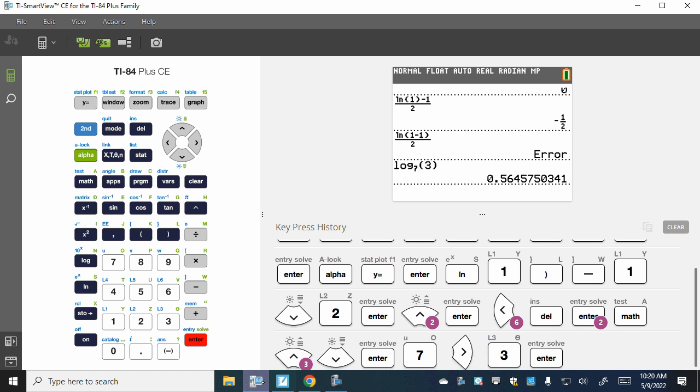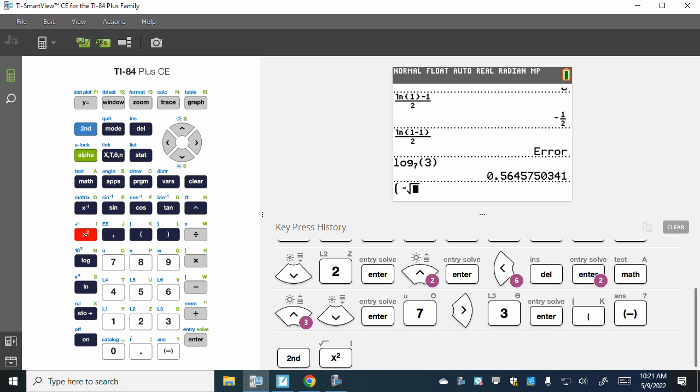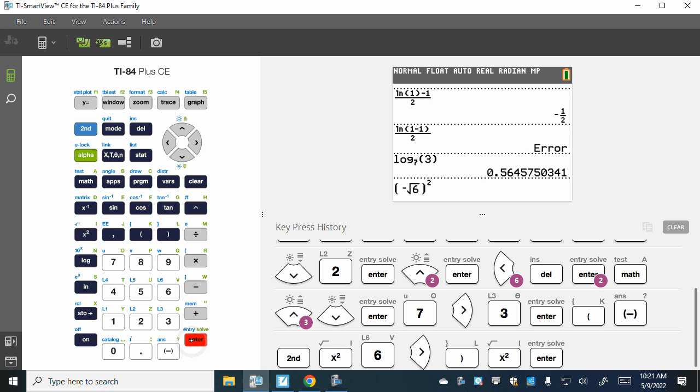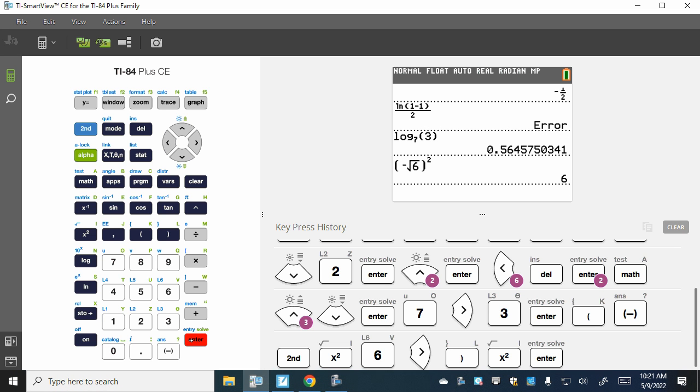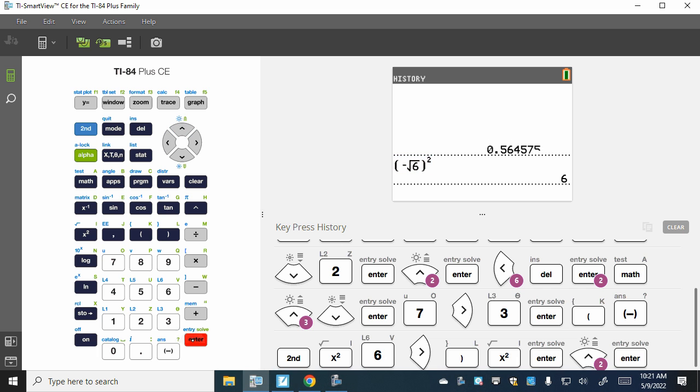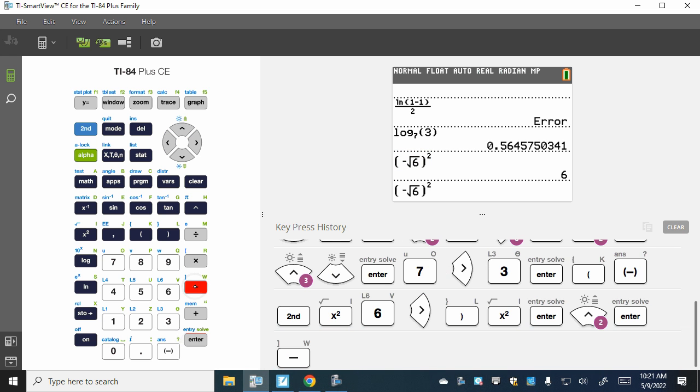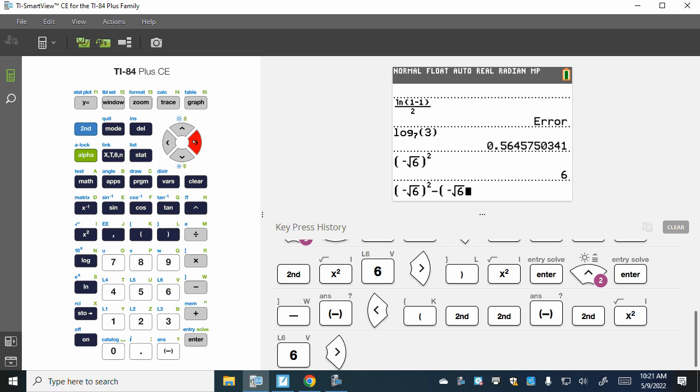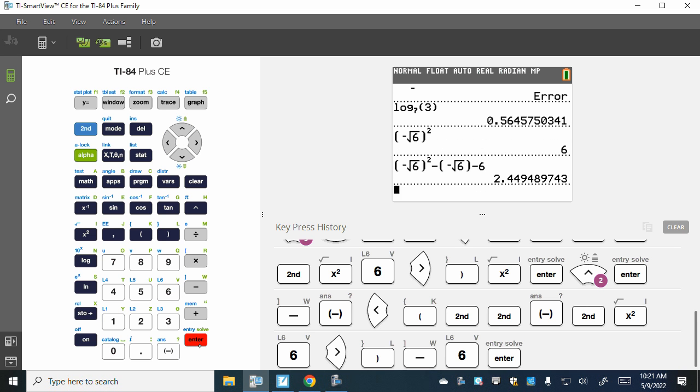So if we said parentheses, negative square root 6, close parentheses squared, we actually get 6. We could have actually typed the whole thing in. Not the log itself, but I would just say what's inside minus parentheses, negative square root 6 minus 6.